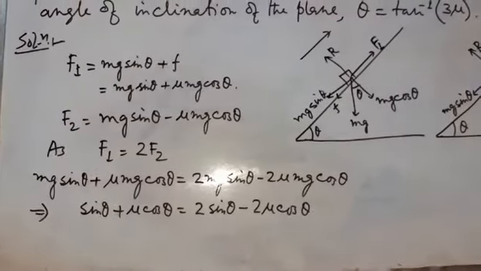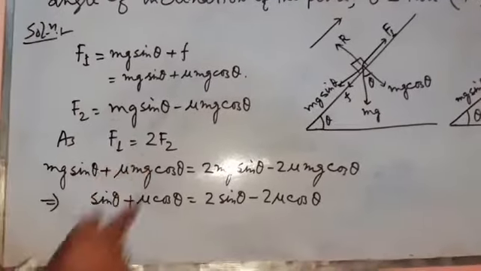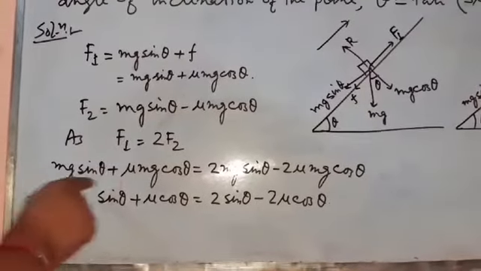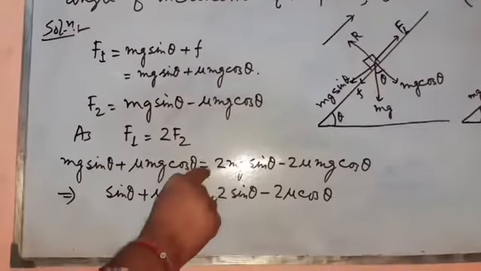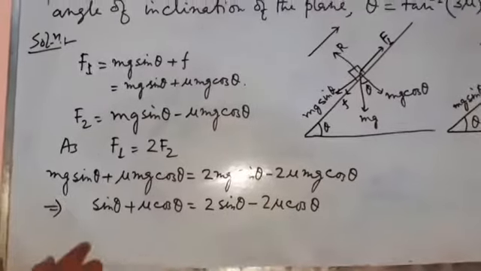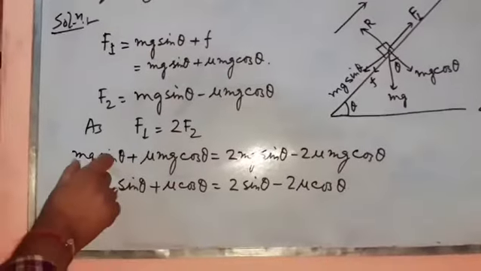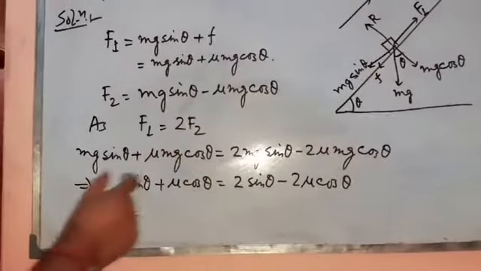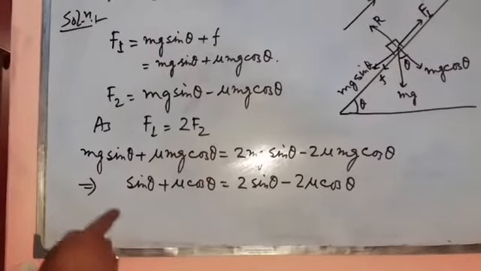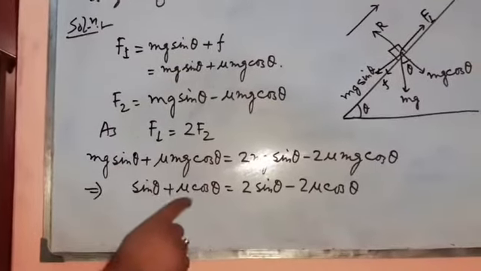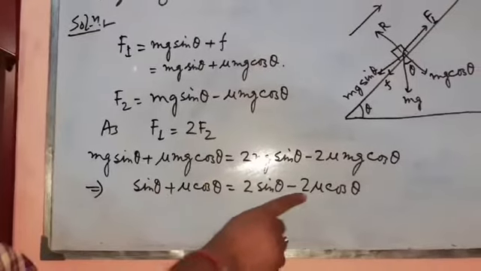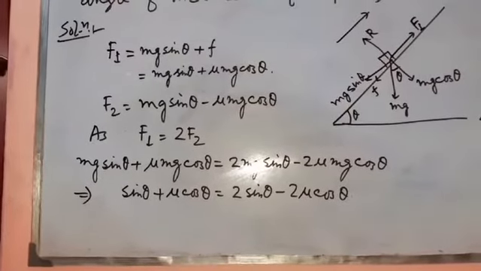As given in the question, F1 equals 2 F2. So we put the F1 value here, and multiply the other by 2. From both sides, if we take mg common, that is cancelled. So we get sin theta plus mu cos theta equals 2 sin theta minus 2 mu cos theta.